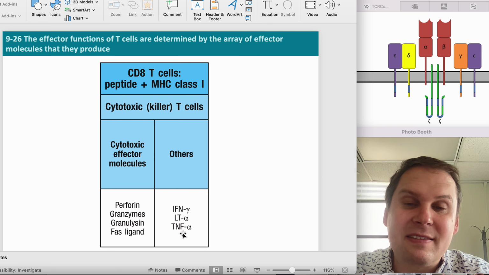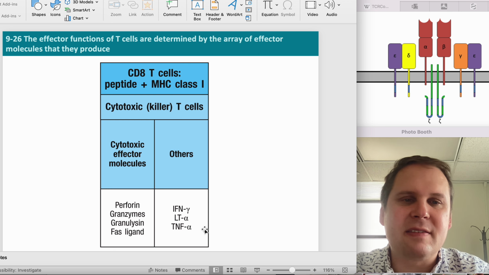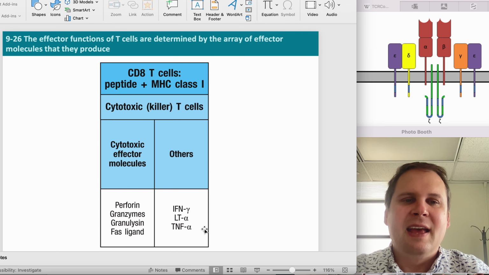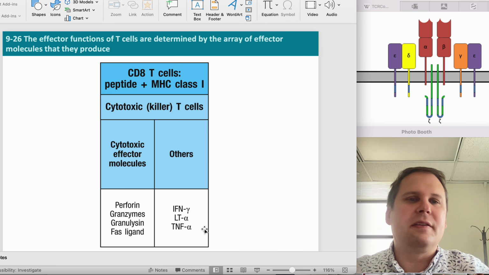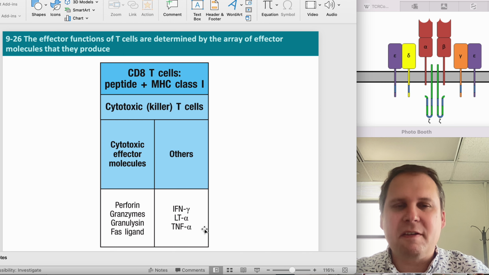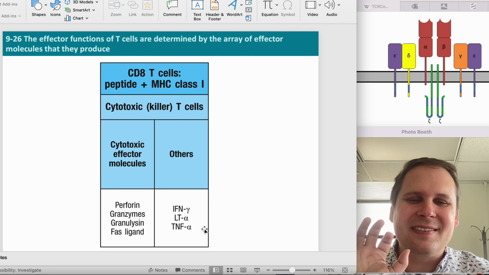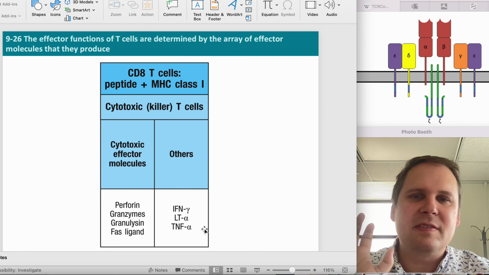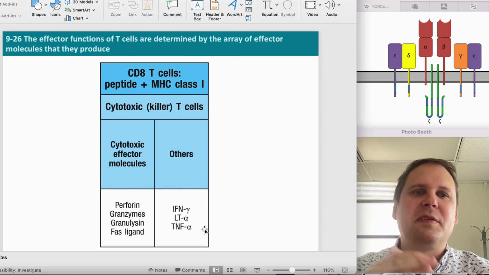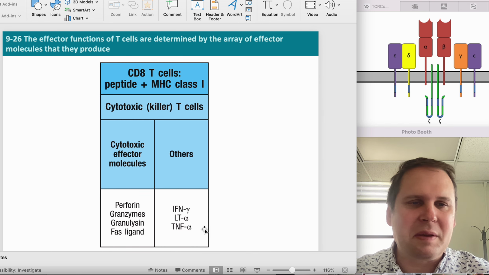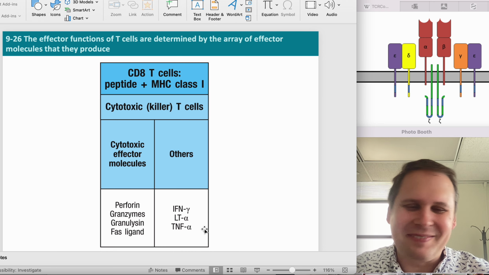LT alpha and TNF alpha are other things that killer T cells can make. These are going to go out to other cell types, and they're going to affect their function. It's just an ever-growing list of different messaging chemicals, different proteins they bind to, and the effects that they have downstream. That is immunology as it is studied and understood at the moment.